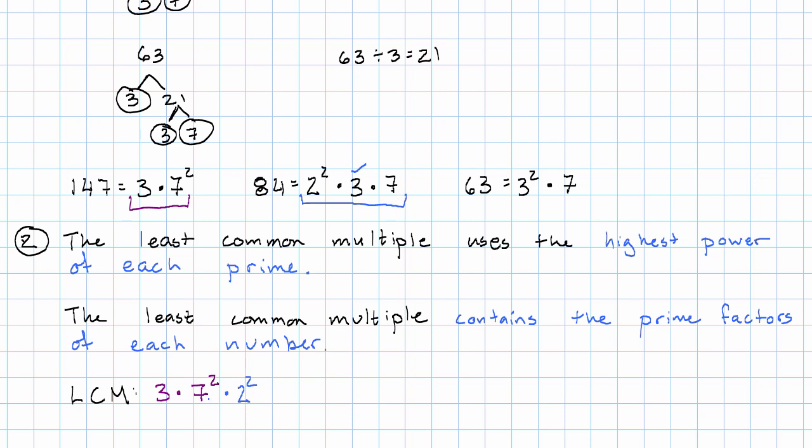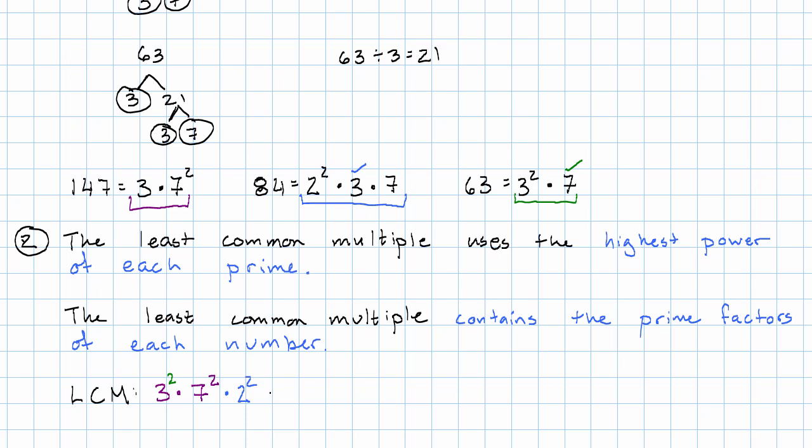A 7, I already have a 7. And then the prime factors of 63 are 2 3s. I only have 1 3. I need 2 of them. And a 7. I already have a 7.